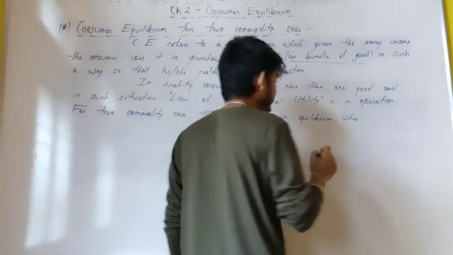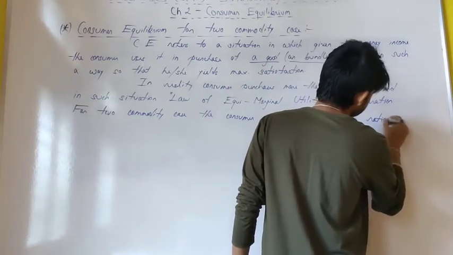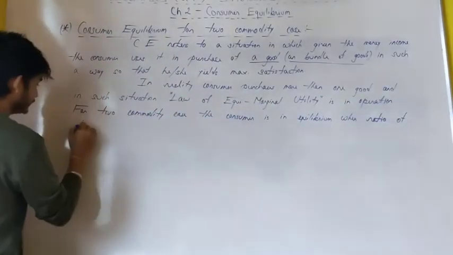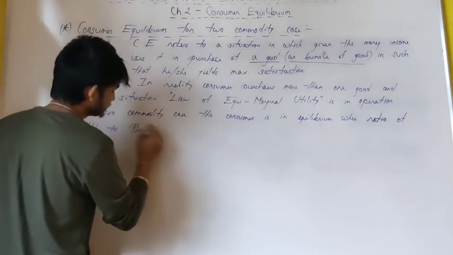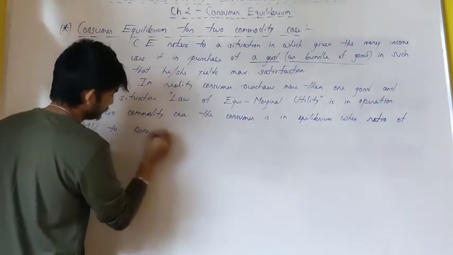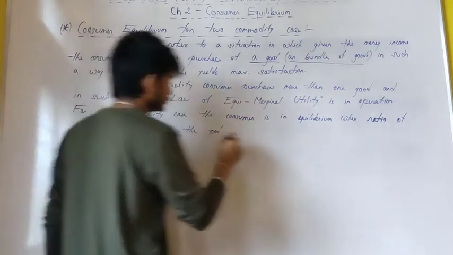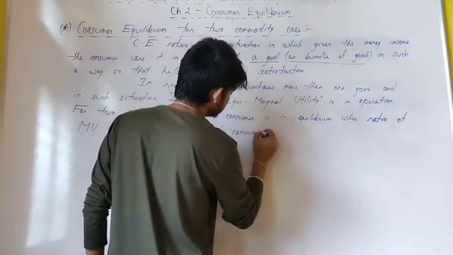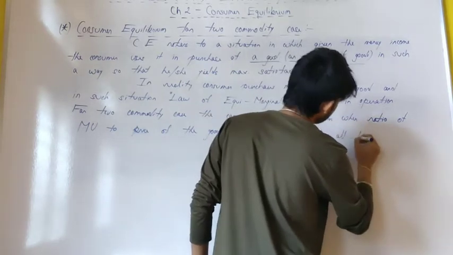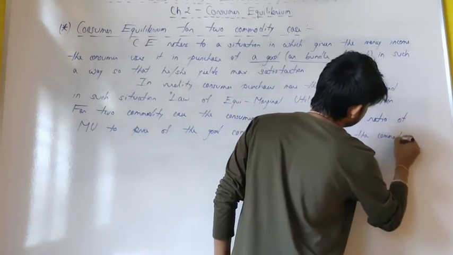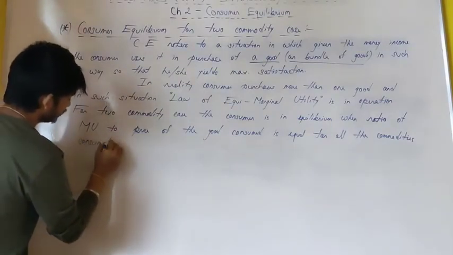So let me write it, you will get it. The consumer equilibrium is when the ratio of marginal utility to price of the good consumed is equal for all the commodities consumed.